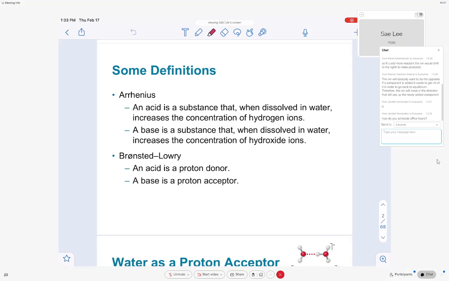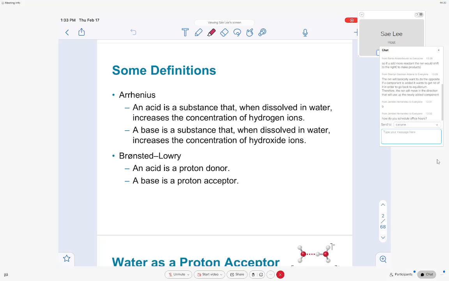So there are two different types of definitions of acid and base. The earlier definition was developed by Arrhenius. He came up with the definition of acid and base first, and he stated that an acid is a substance that increases the concentration of hydrogen ions when dissolved in water.